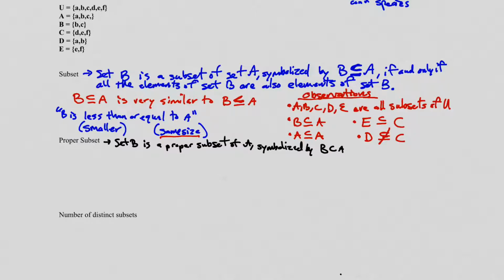So see the difference? There's no equal sign. Okay, so proper subset does not have an equal sign under that sideways looking U.